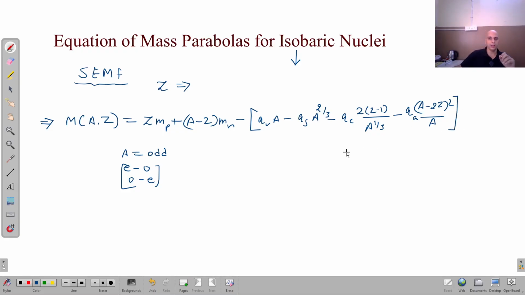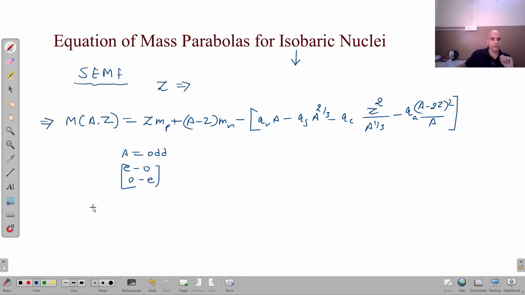The second adjustment that I am making here: Z into (Z minus 1), I am taking it as Z square, right? I am writing it as Z square because when Z is large, addition or subtraction of 1 from Z does not make any difference, right?